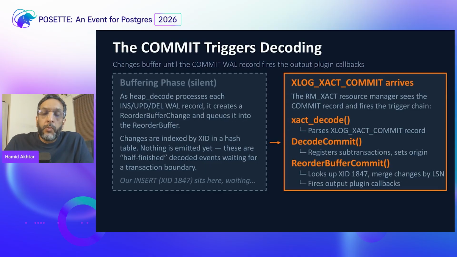It then invokes the function exec decode, which is part of the resource manager callback function array. So the WAL sender receives this commit, and now it's going to go through with the decoding process. It calls decode commit and registers all the sub transactions.